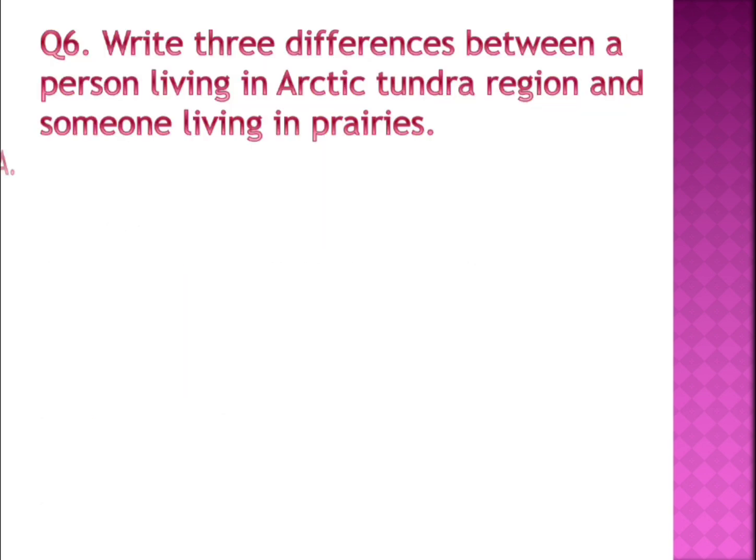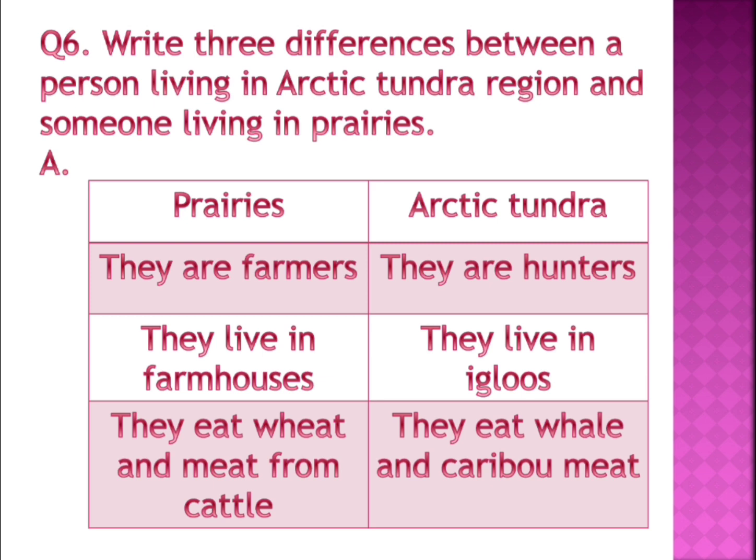Coming to your next question. Write three differences between a person living in the Arctic Tundra region and someone living in the Prairies. Where do people in the Prairies live? In the temperate grasslands, isn't it, children? So what is the difference? They are farmers. They have made the grasslands into farmlands, so they are farmers.